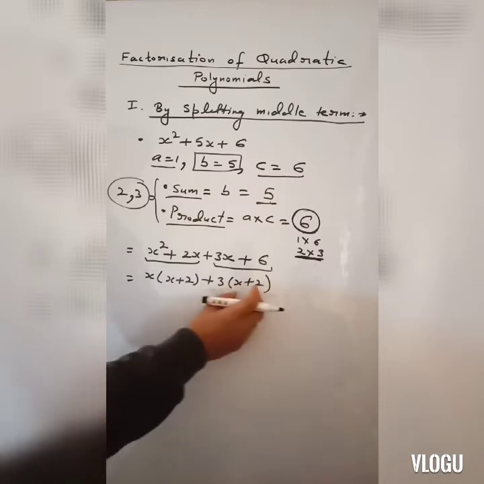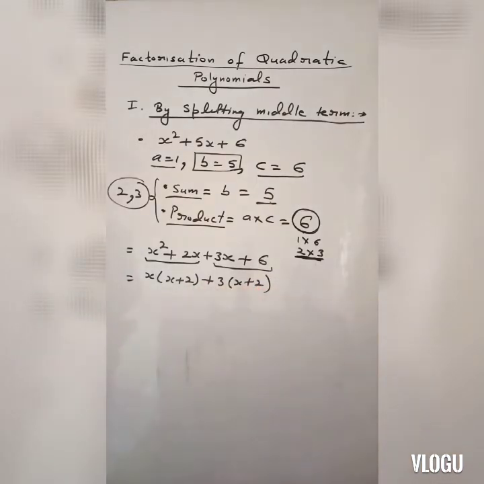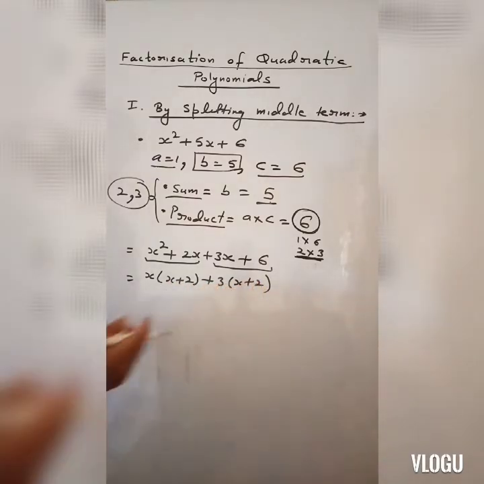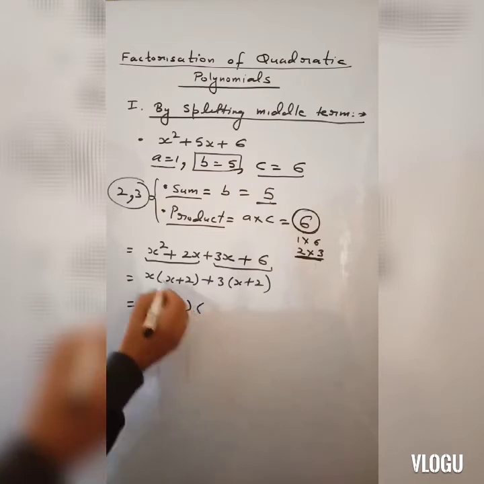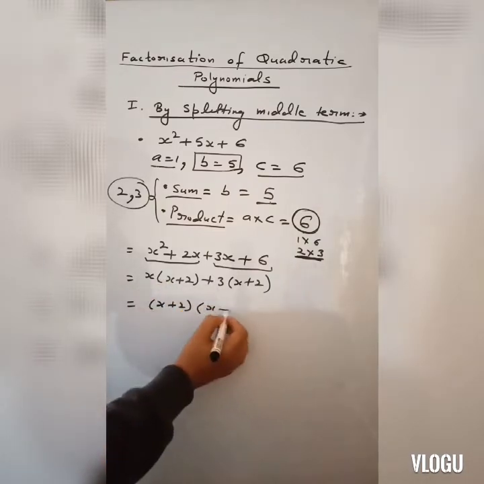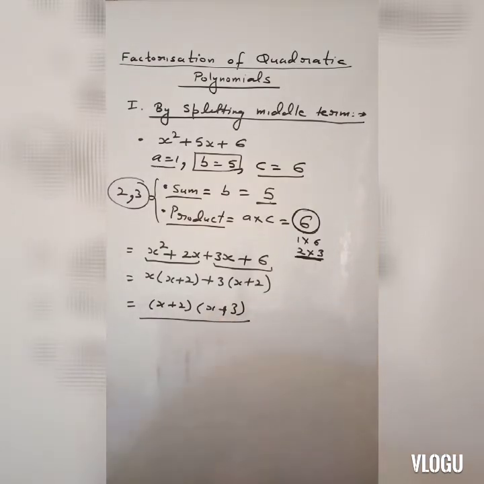And if you get different numbers, not the same, then it means you have made a mistake somewhere. So these numbers will always be the same. Then x plus 2 and x plus 2, and here you will get x and here you will get 3. So this is your answer. These are the factors of this polynomial.